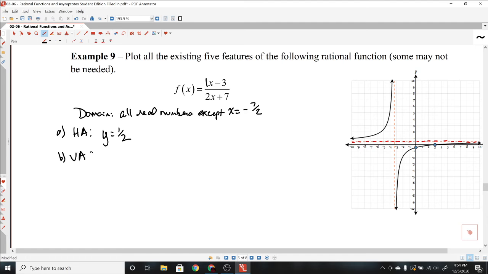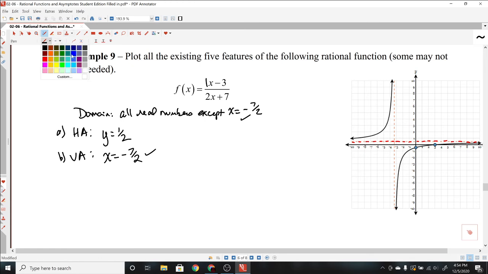B, vertical asymptote, wherever the denominator is 0 in this reduced version, which is x equals -7/2. Now, it's no coincidence that the domain and the vertical asymptote and the hole are connected, and you'll see as you work through a few of the problems how that works out.